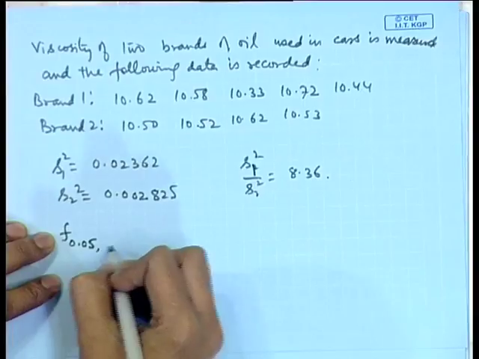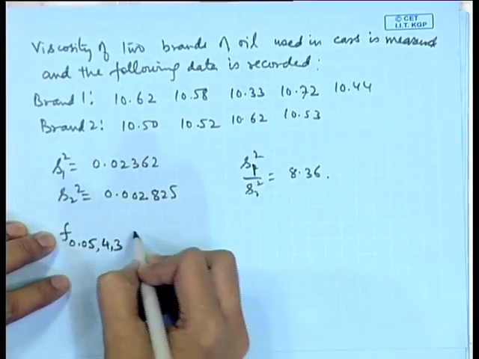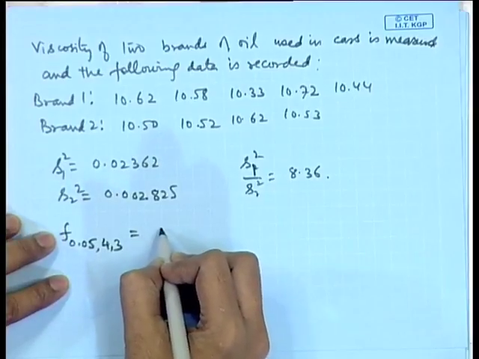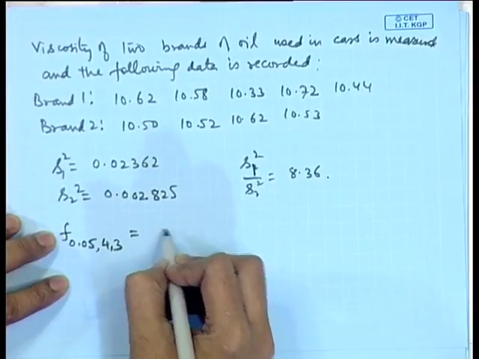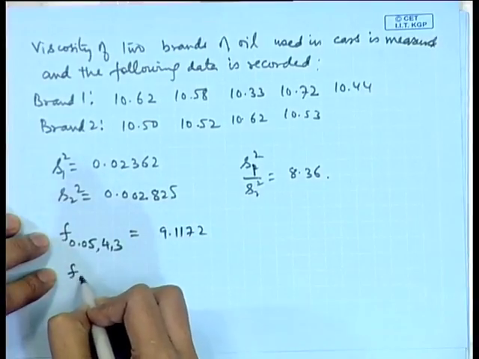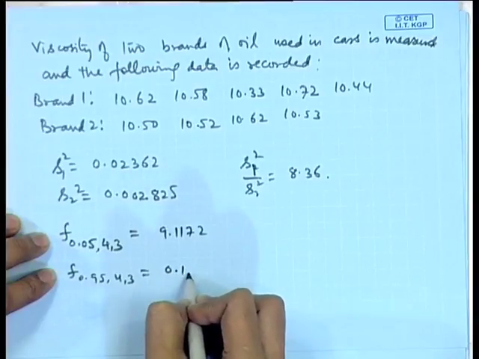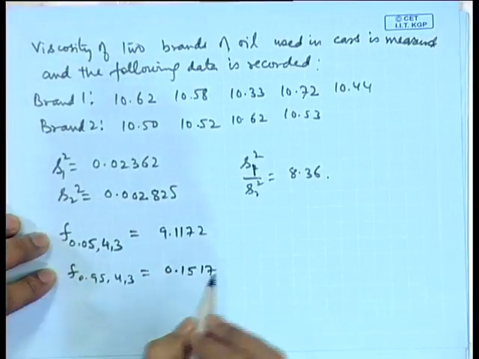So, if we look at the F value on 0.05, say 1, 2, 3, 4, 5. So, 3 degrees of freedom, that is equal to 9.1172, and F value 0.9543, that is equal to 0.1517.